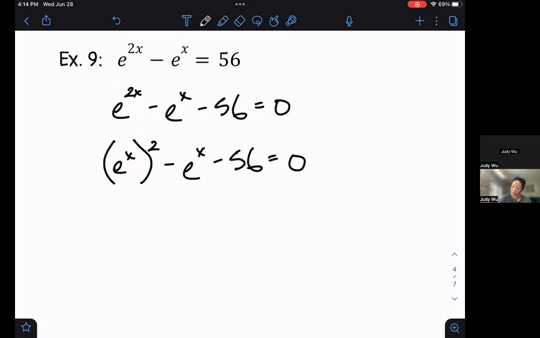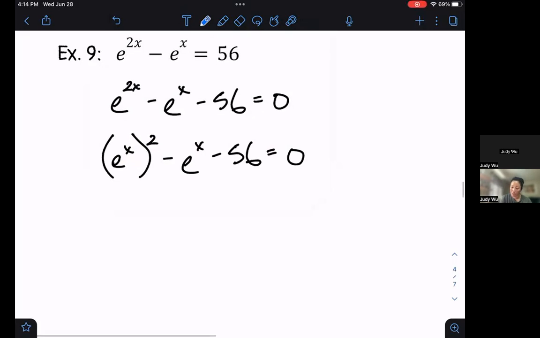Now, in video number 1, I mentioned something about U substitution. In general, U substitution tends to be a phrase we associate with Calc 1. There's some strategies in calculus that we call U substitution, but we can use this idea of substitution pretty much everywhere. So here's what I'm going to do.